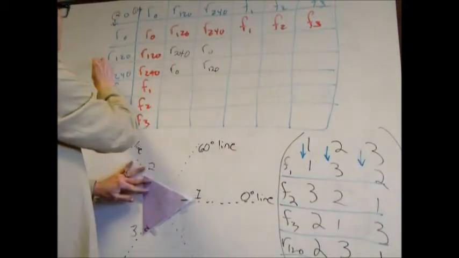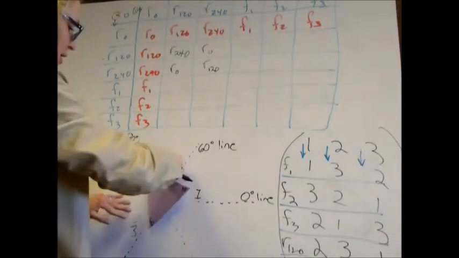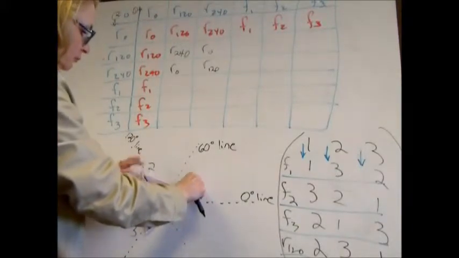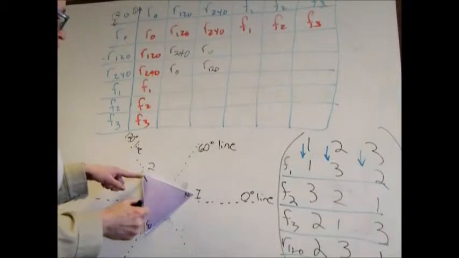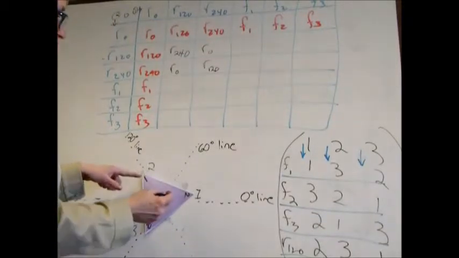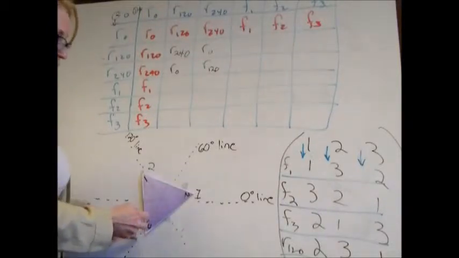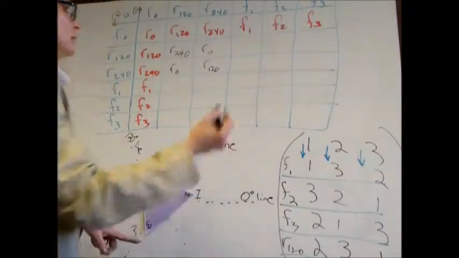And now, if I do a rotation through 120 degrees, that puts me at the place where vertex 1 went to vertex 2, 2 went to 1, and 3 went to itself. So 3 was fixed, and we interchanged 1 and 2. Remember, that's F3.